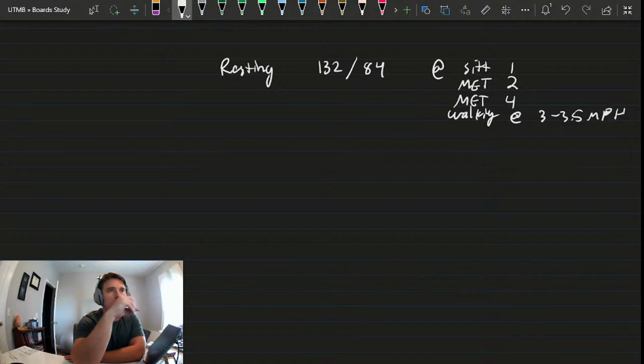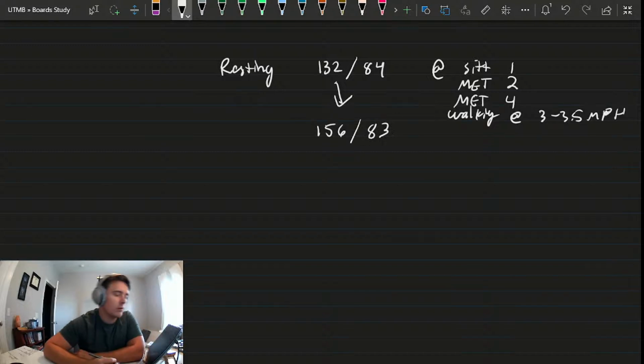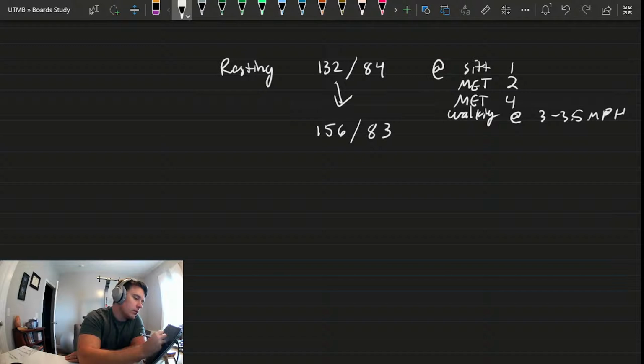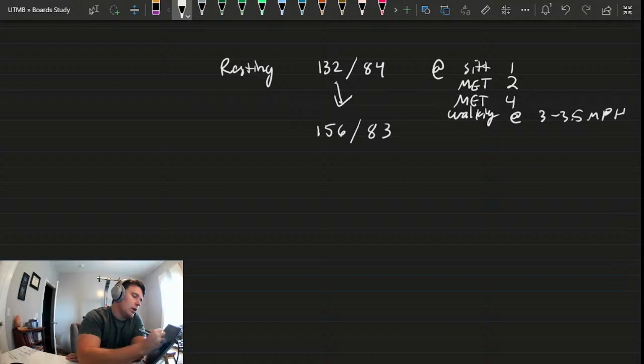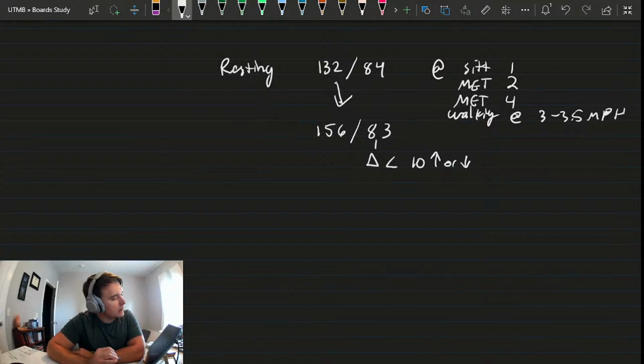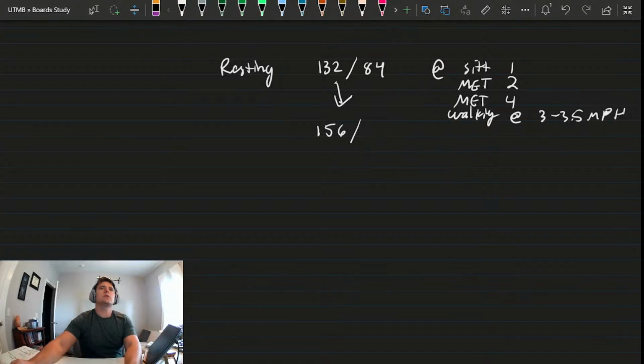Anyway, that's moderate intensity, and their blood pressure goes up to 156 over 83. That is a common and adequate amount of change in the blood pressure. This can change less than 10, increase or decrease, and it's still okay. They're not going to give you over 5. So if it goes up 1 or 2, I think it's 10. I may be wrong.